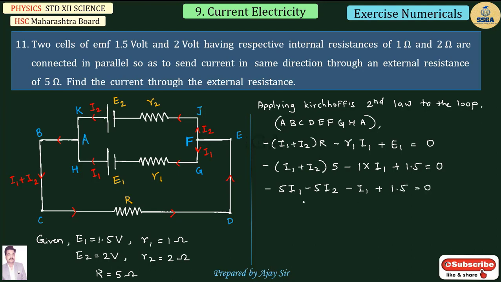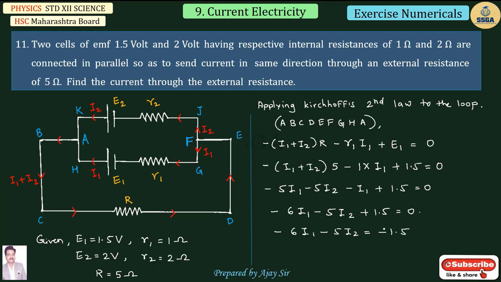So I1 terms minus become plus, minus 6 I1, and this minus 5 I2 as it is, plus 1.5, which is equal to 0. So therefore we can shift this term to the right hand side, that is minus 6 I1 minus 5 I2, which is equal to minus 1.5.